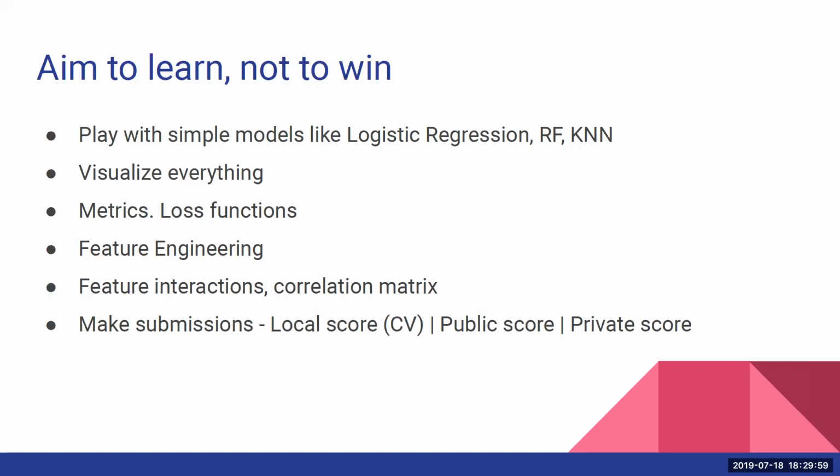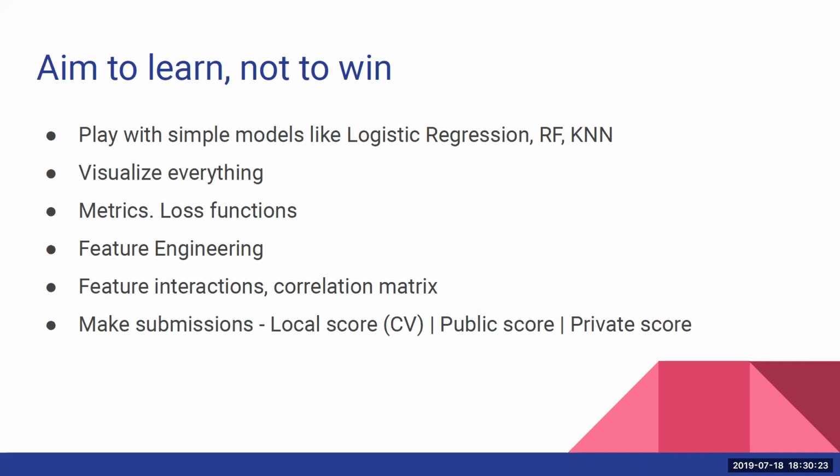And also, it works to make as many submissions as you can at the very beginning, because simply you will have differences in the local score if you do cross-validation, in the public score, and also in the private score. So there are different leaderboards in Kaggle in the competition. You have the public one.